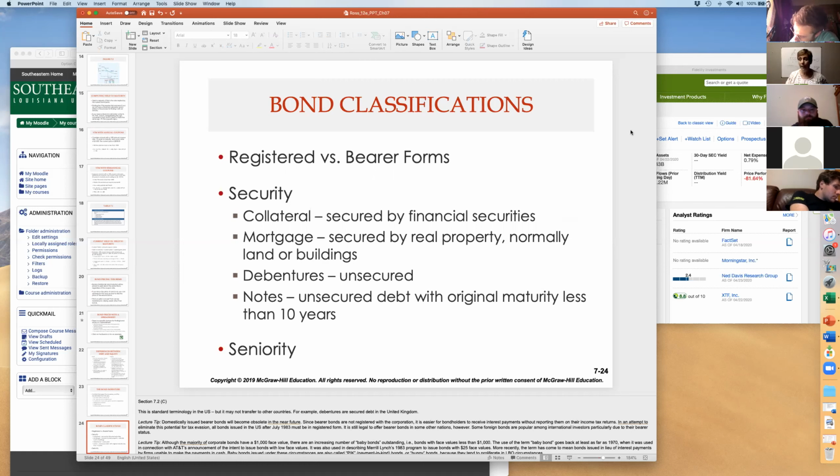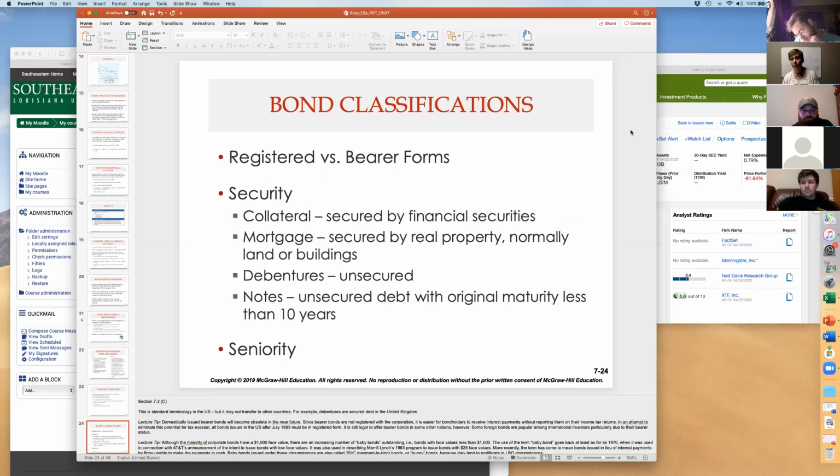Now, security that we talked about comes in a lot of different forms. And I sometimes generically call security collateral, and that's not really the right way to talk about it. Security has several different types. One is collateral. That means that there is a financial security, like a checking deposit or a CD, something financial that is securing the bond.